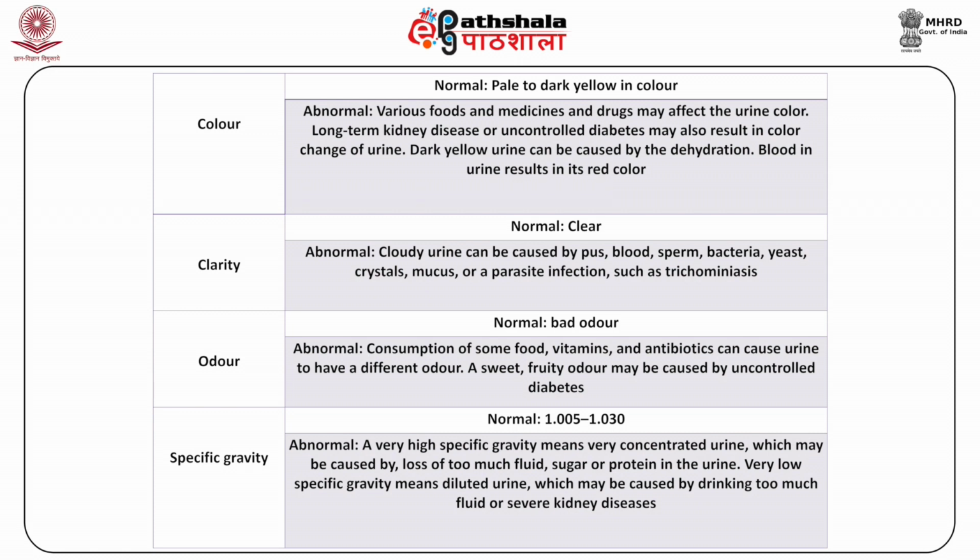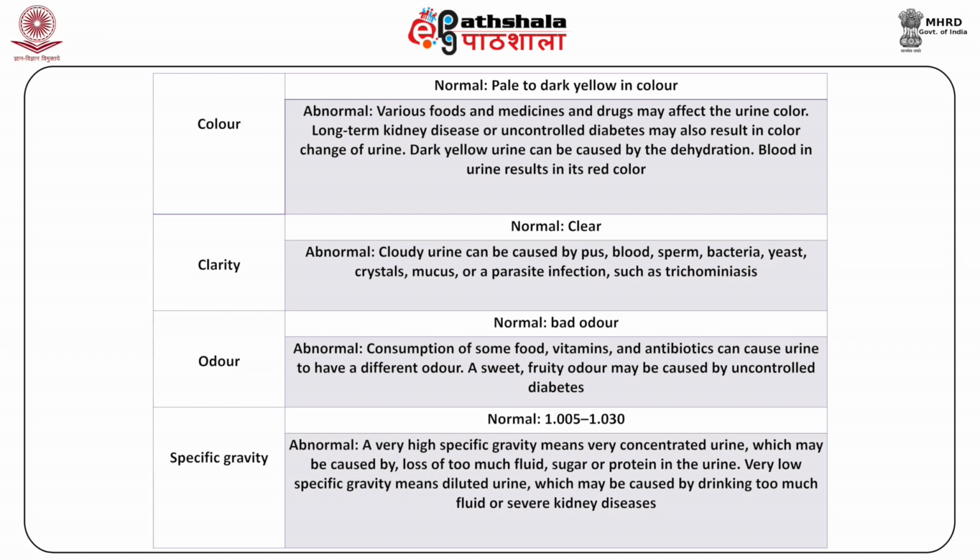A sweet, fruity odor may be caused by uncontrolled diabetes. Next comes the specific gravity. In case of normal urine, it is 1.005 to 1.030, and in abnormal cases, a very high specific gravity means very concentrated urine, which may be caused by loss of too much liquid, sugar or protein in the urine.